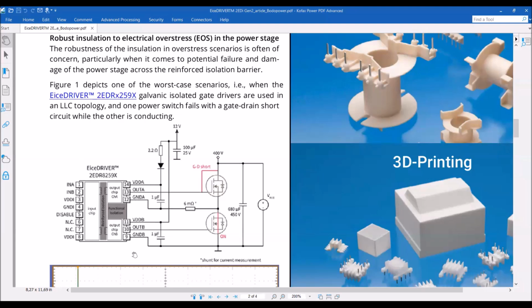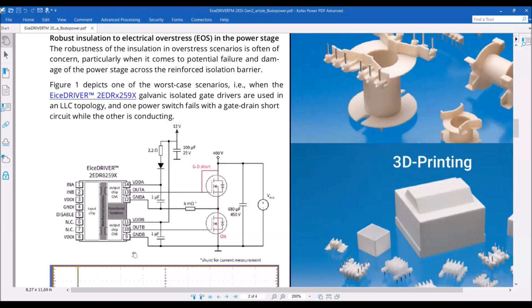I think this is very critical, in particular with reinforced isolation gate drivers placed across the isolation barrier in a power supply. Imagine, for example, in a server power supply, you have the PFC stage, and then you have the high voltage DC-DC stage, and there is the transformer providing the isolation, and the driver is, let's say, parallel to the transformer, also providing the isolation between the controllers and the power stage.